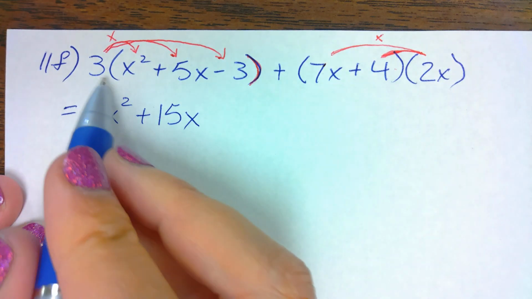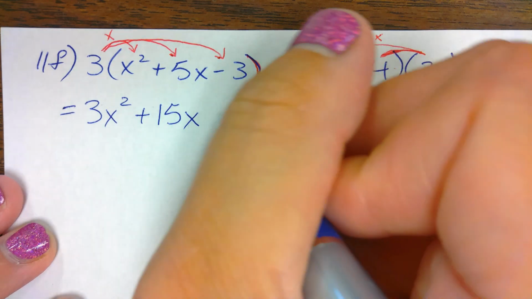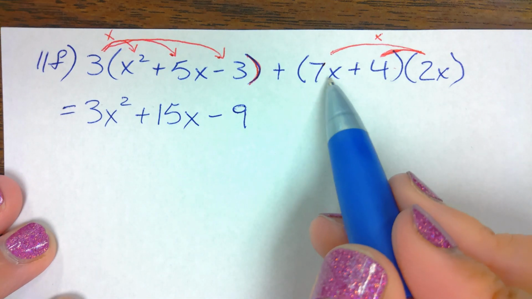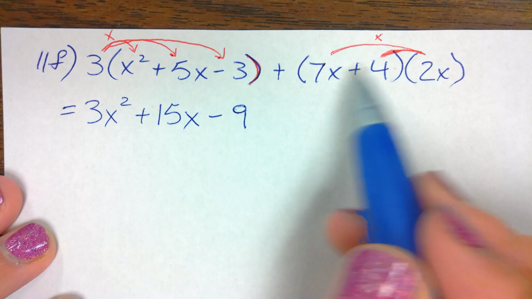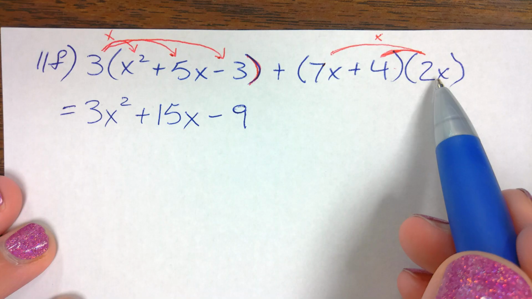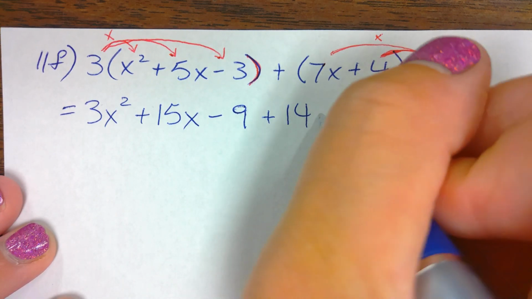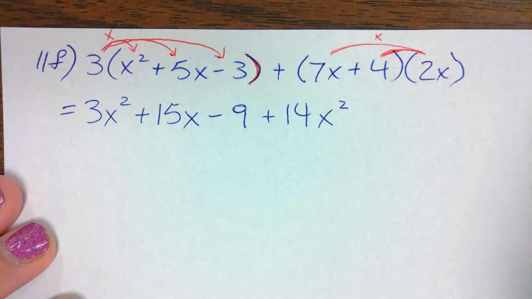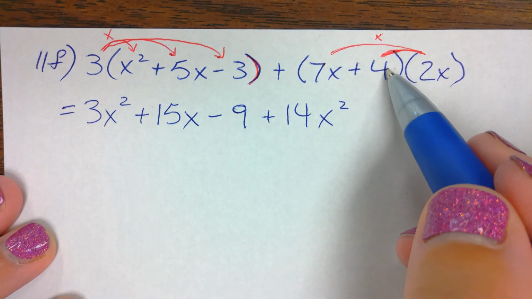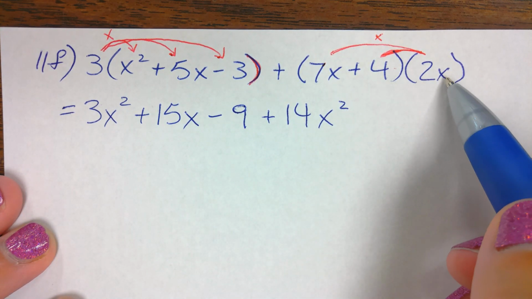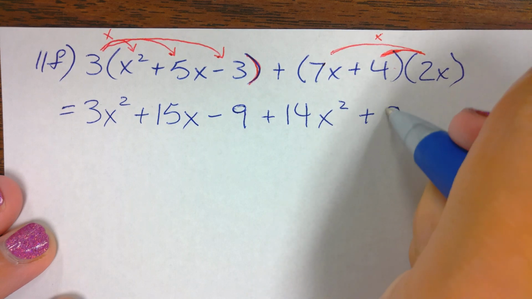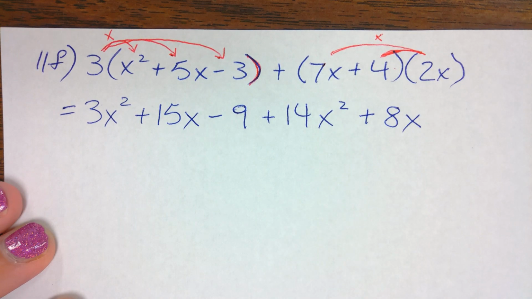And then 3 times negative 3. Excellent. Okay. Right here. 7x times 2x. 14x squared. Okay. And then 4 times 2x. 8x. Am I done the whole question?